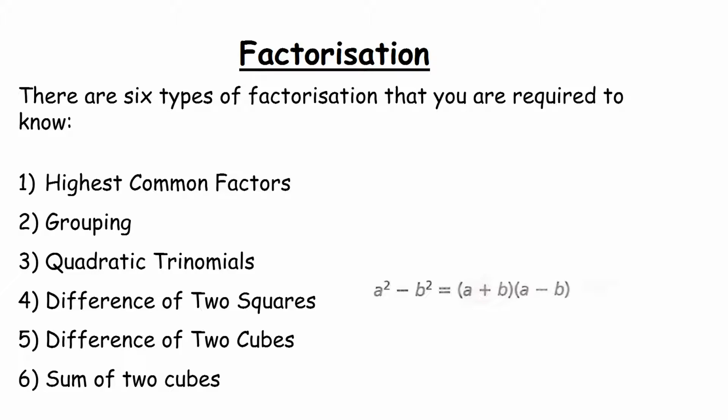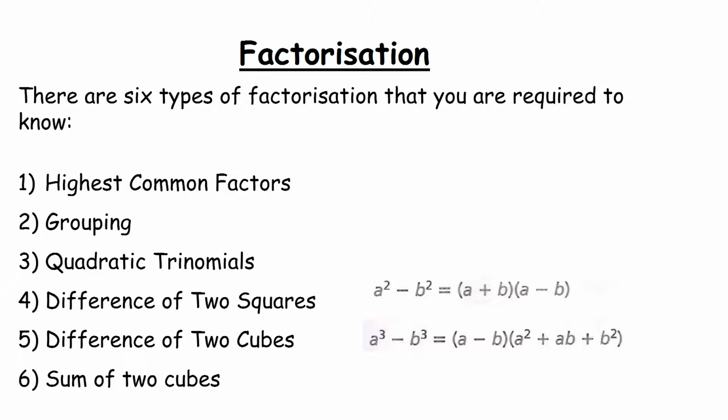If you have 2 squares and the difference is subtract, so we have a minus sign between them, the factorization looks like (a + b) in one bracket and (a − b) in another bracket.